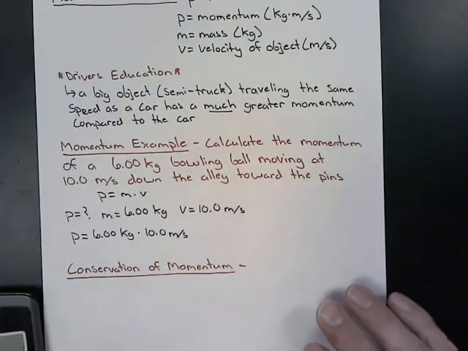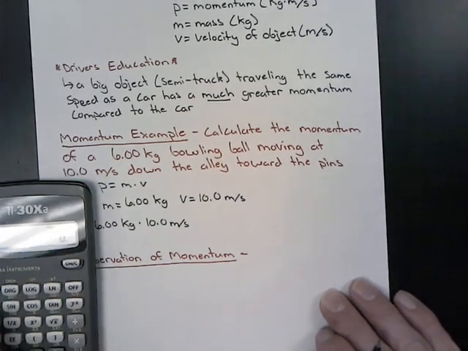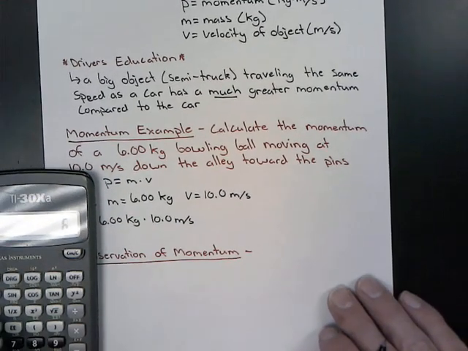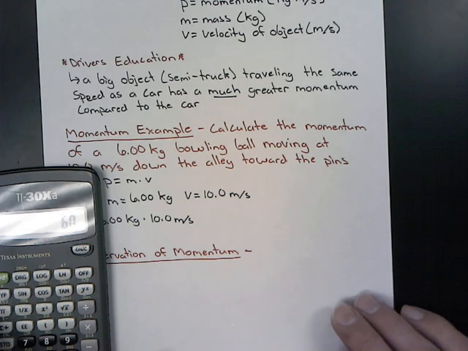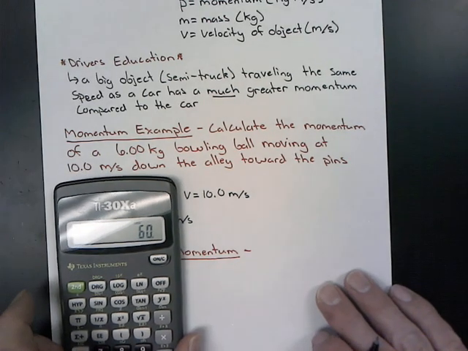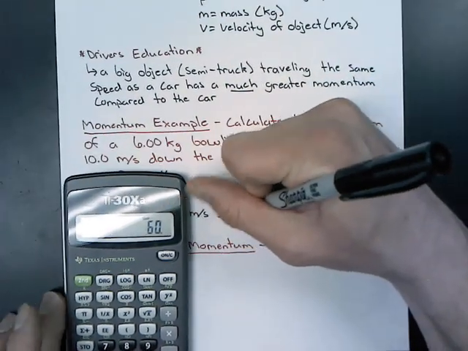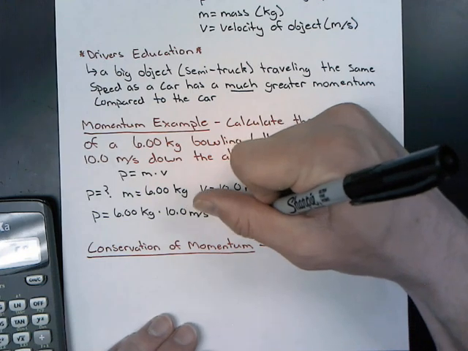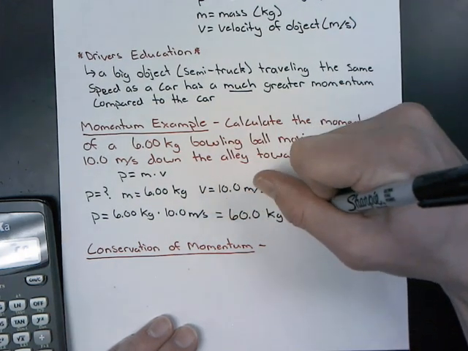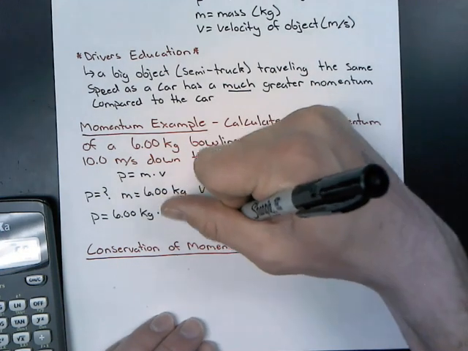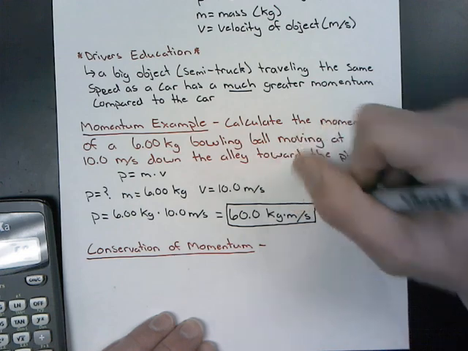To show you how to do this, if we turn the calculator on, I'm going to take 6 times 10, press enter, and I get a value of 60. So the momentum in this case is 60 kilogram meters per second, and that becomes the momentum of that particular bowling ball.